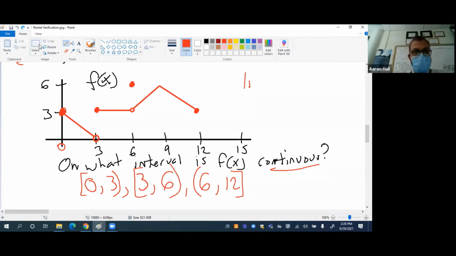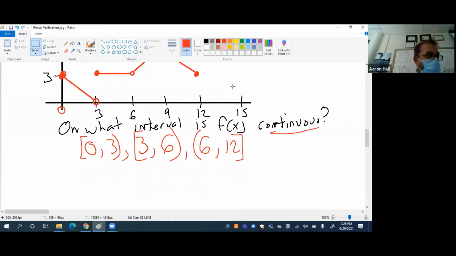Okay, I think there we go. Let's get rid of that. Let's talk about what type of discontinuity we have here. When x equals 3, what kind of discontinuity do we have?